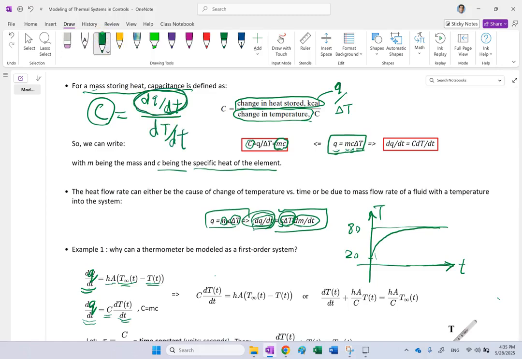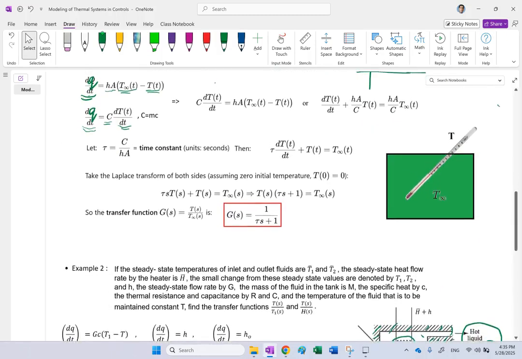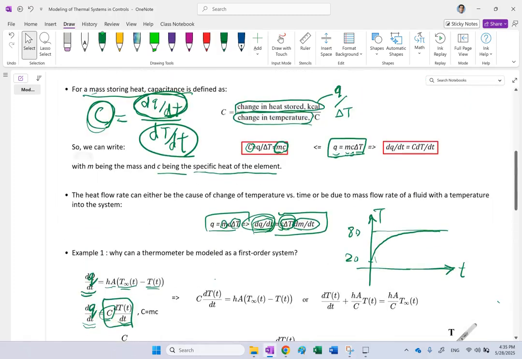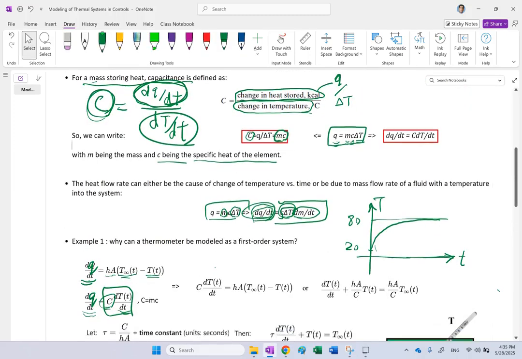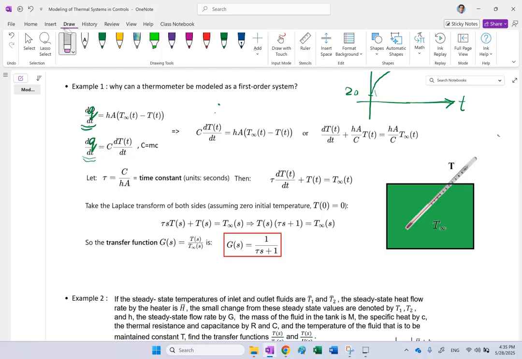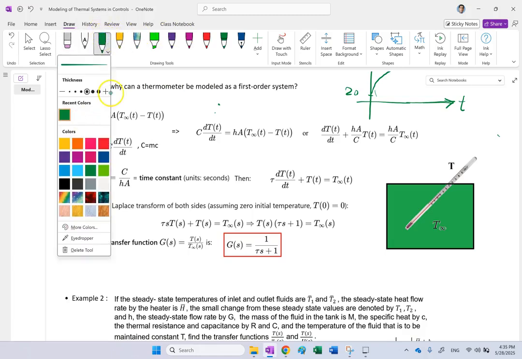So the heat flux rate is going to be C times dT over dt, and that is exactly what this is. And that C, if you remember, and I showed you that C is m times c, mass times specific heat. Okay, so we have these two equations. Now what? Now, since these two are equal, they are both equal to the heat flow rate.